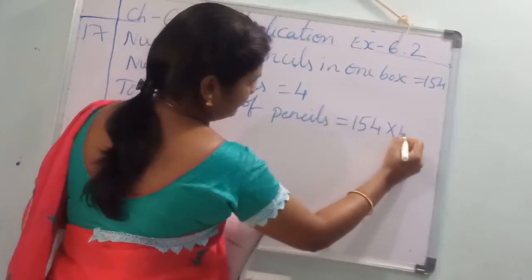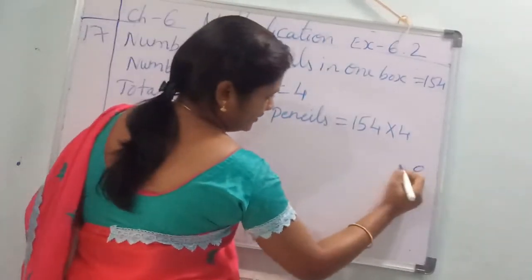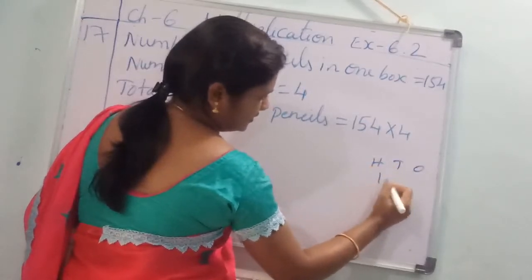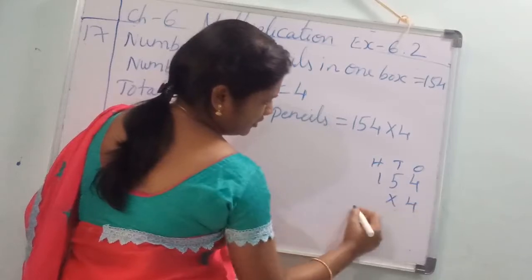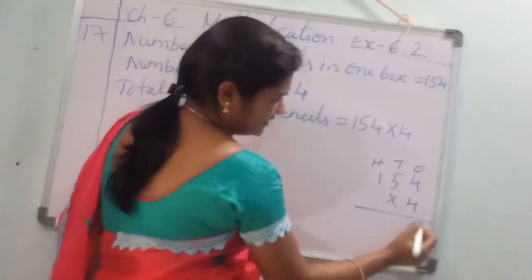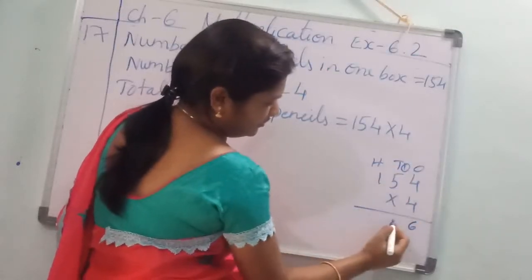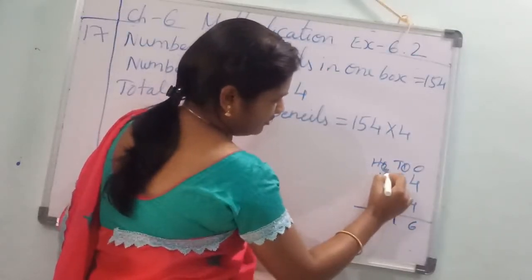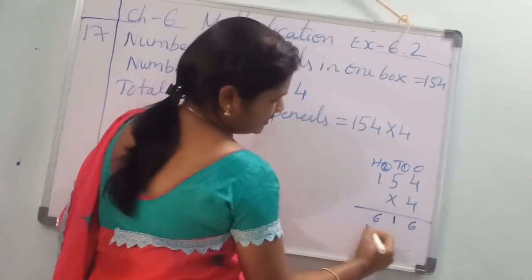154 into 4. What you have to do? Ones, tens, hundreds. 154 into 4. Yes, 4 4s are 16. 6 here, 1 carry forward. 4 5s are 20. 20 plus 1, 21. 1 here, 2 carry forward. 4 1s are 4. 4 plus 2, 6.